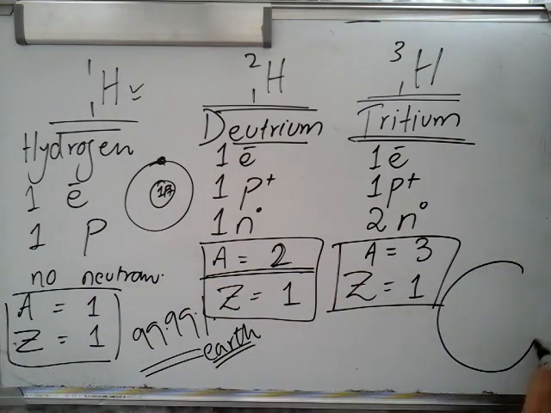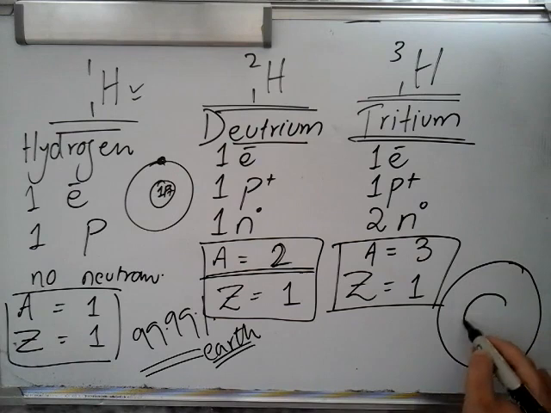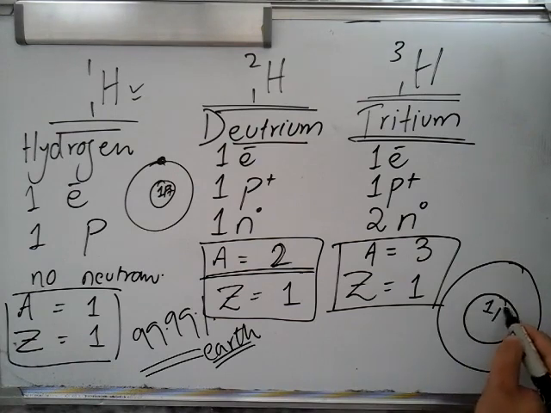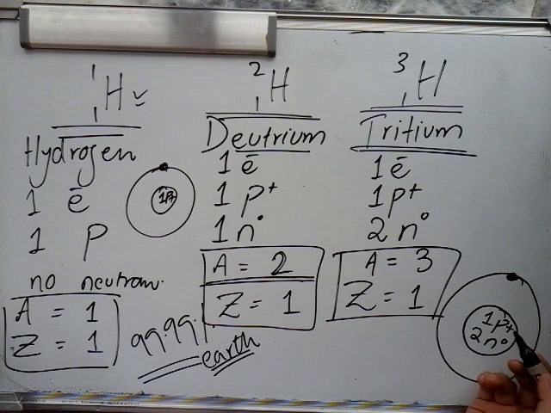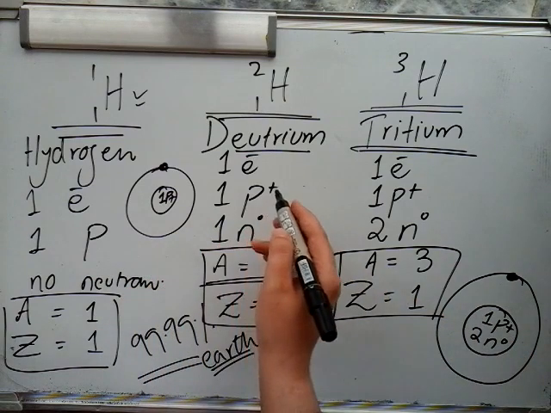If you draw the structure of tritium, you will see that inside the nucleus there are 1 proton and 2 neutrons. Tritium consists of 2 extra neutrons, meaning there are 2 extra particles inside its nucleus. So definitely the nucleus becomes heavier as compared to hydrogen or deuterium.